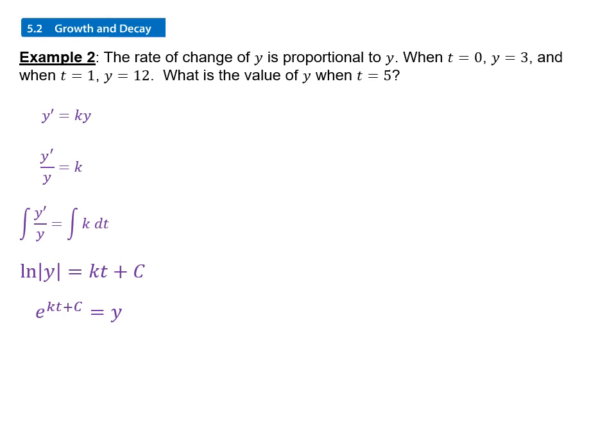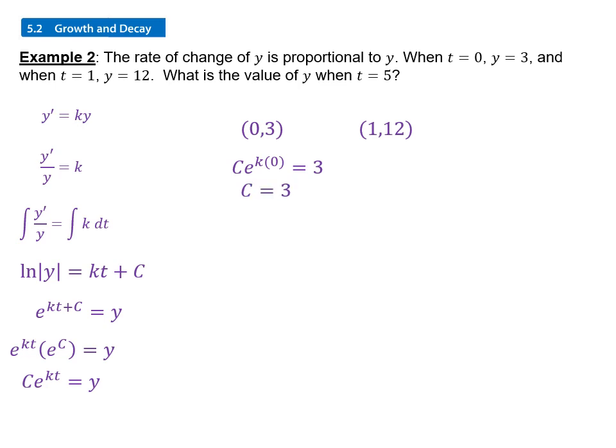Then that plus c we can put up front as an exponential, as an initial value, excuse me. And we know two ordered pairs. When t is 0, y equals 3. And when t is 1, y is 12. So we plug it in. That tells us that c is 3 when we plug in 0, 3.